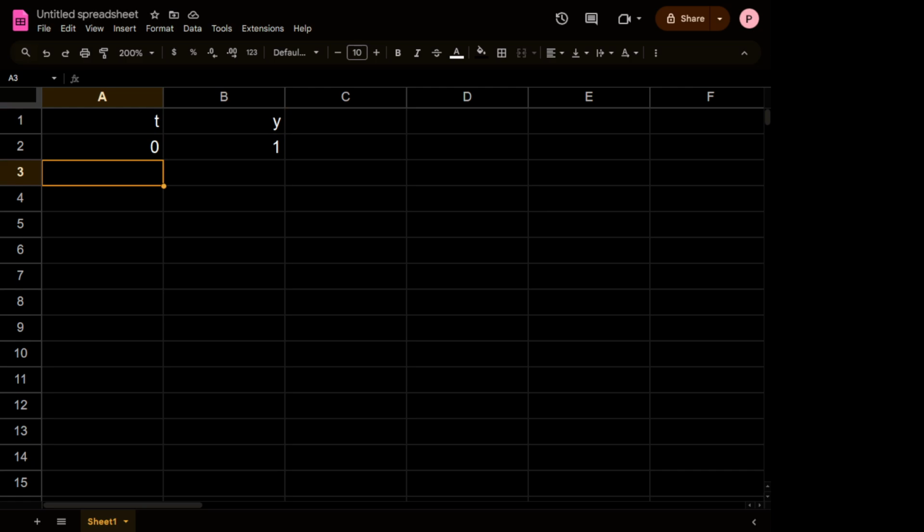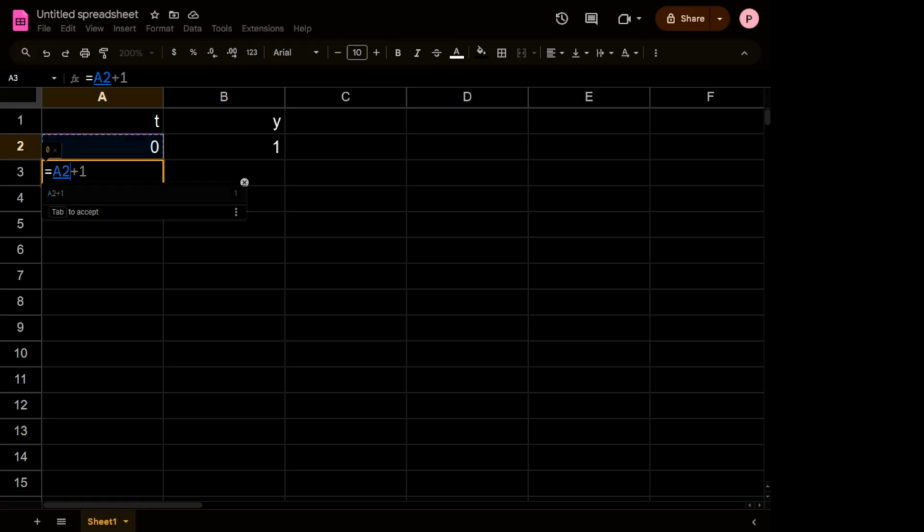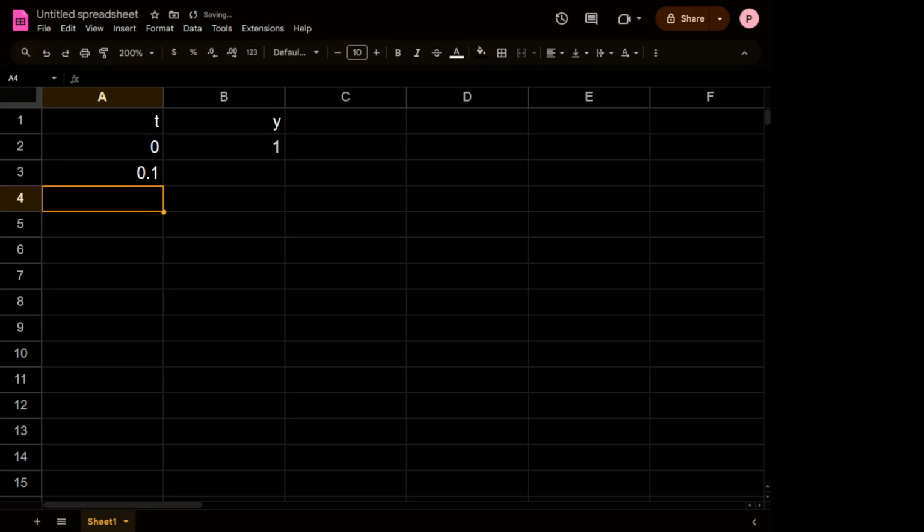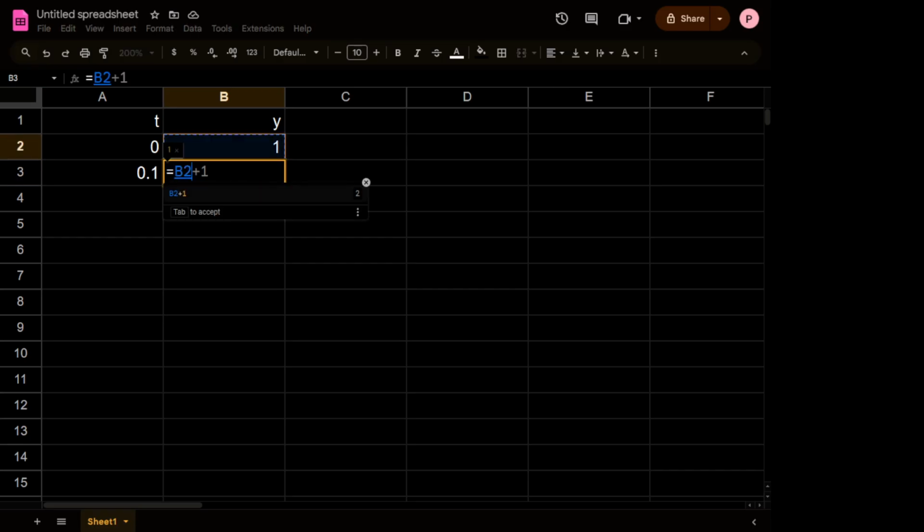Now in the next line, I need to enter in my next step. So I hit equal sign, I select the line above, and then I add my delta t, which I'll hard code in as 0.1. In y, it's a little bit trickier, but I'll go ahead and first type my equal sign. I'll select that entry above. I'll hit plus, and then let's put in some parentheses here.